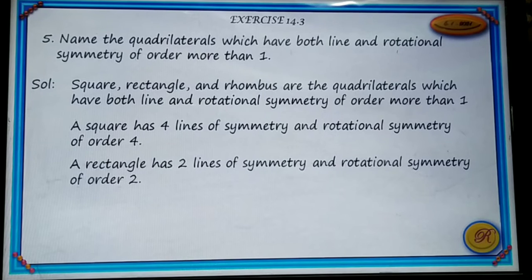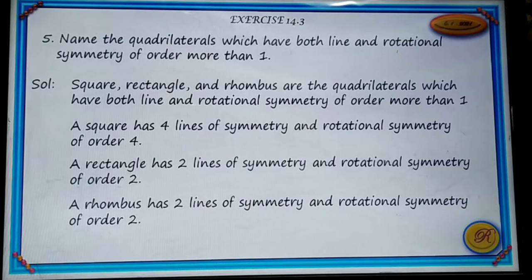A rhombus has 2 lines of symmetry and rotational symmetry of order 2.